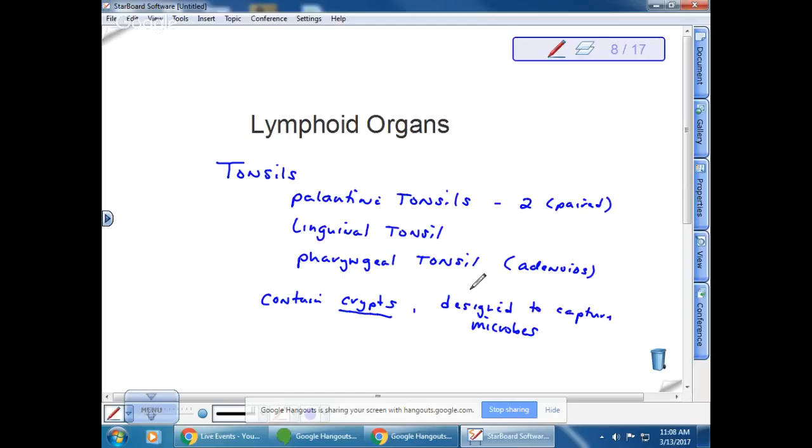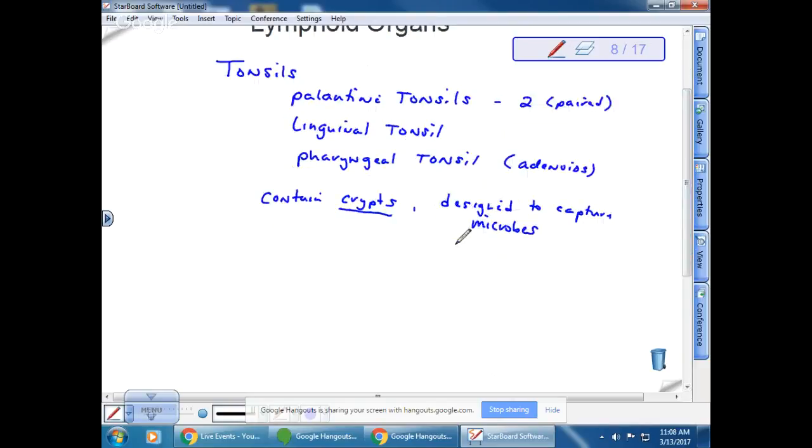The other thing that sometimes happens with these is that you can get what are called tonsil stones. I don't know how to spell that. Tonsil stones. So because those crypts can be very deep, they can actually capture food particles, and because of the way that the macrophages work, they kind of turn them into hard calcium deposits, right?